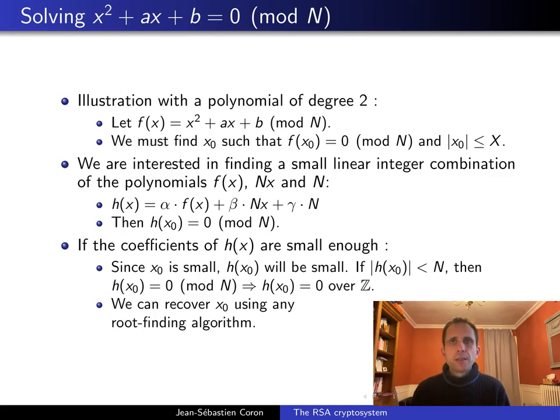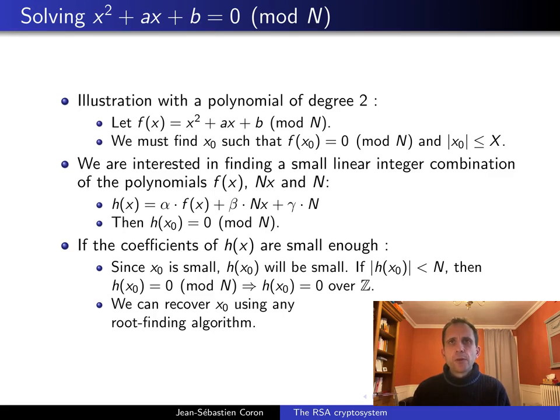And of course, if it is not invertible, then in that case, we can disclose one of the prime factors of n. So for this polynomial, we want to find x0 such that x0 is a root of this polynomial, and it is also a small root. So it is smaller in absolute value than big X, where big X is the bound on the size of the roots that we can expect.